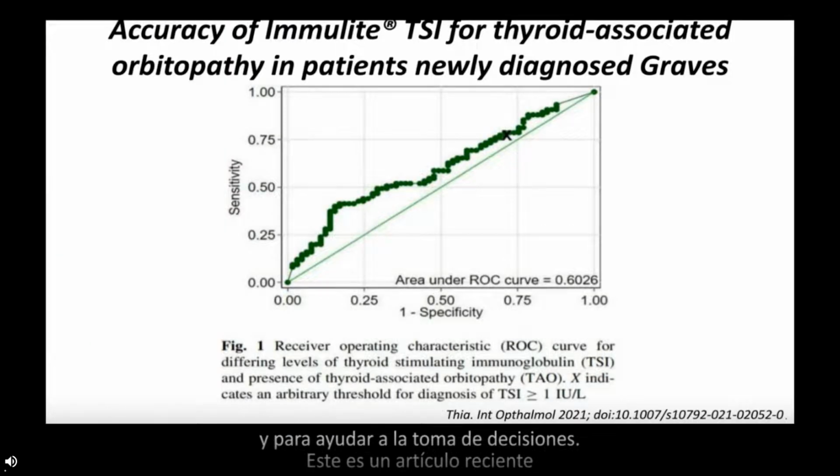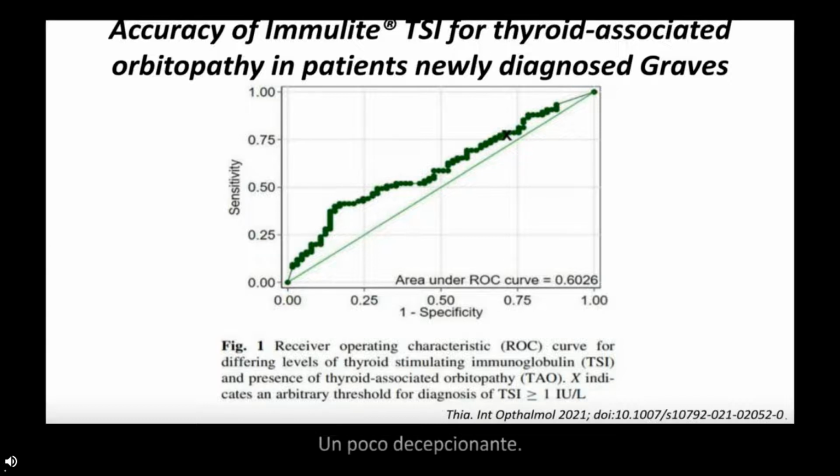This is a recent paper on the use of the stimulating antibodies, the TSI, on the Immulite. However, the ROC curve was only 0.6. A little underwhelming.